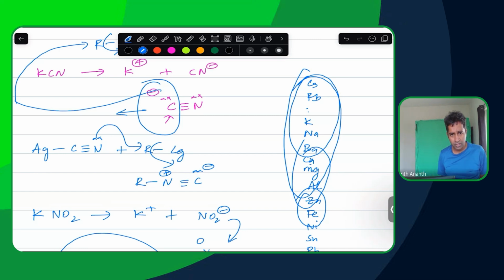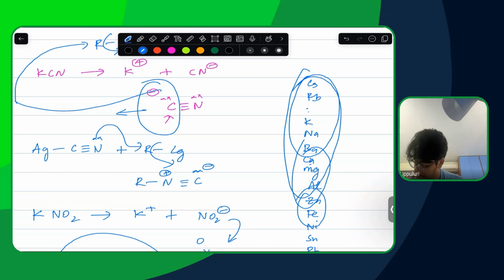Why would rearrangement happen in the second, third, and fourth compound? They're already going to be in proper, perfect locations. Yeah, you're right.